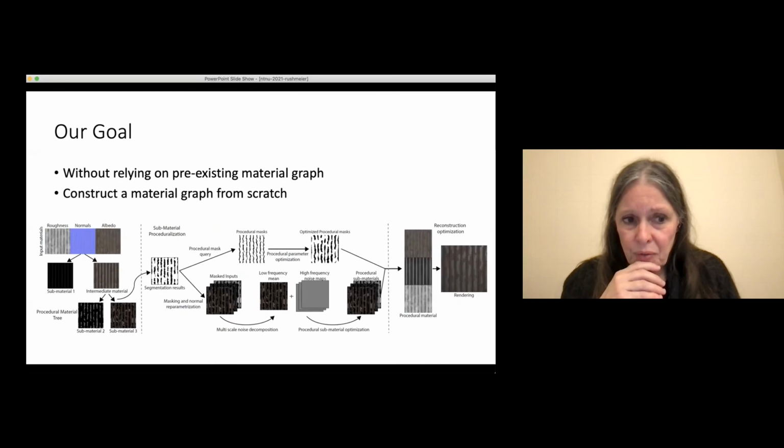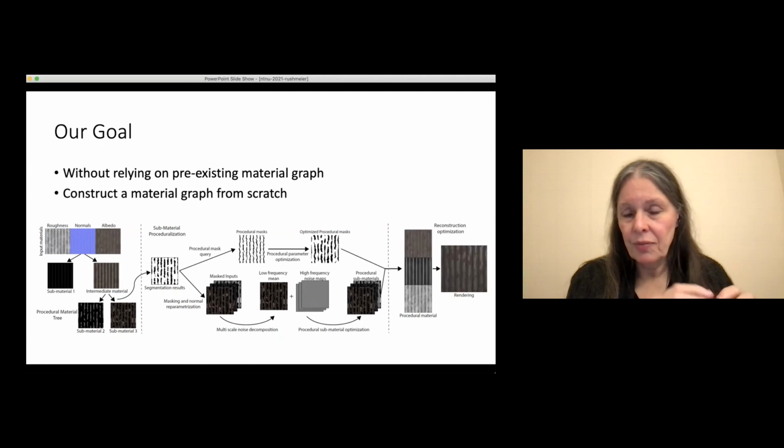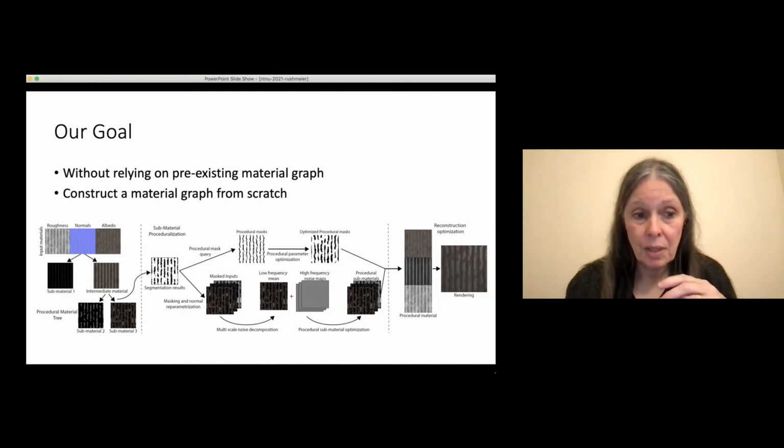So for some stochastic patterns, this is the process we've come up with. We have our sample, and our sample in this case is a material. It's not just an image. We have surface roughness, we have normals, we have an albedo, and what we want to do is find a procedure to describe all those.